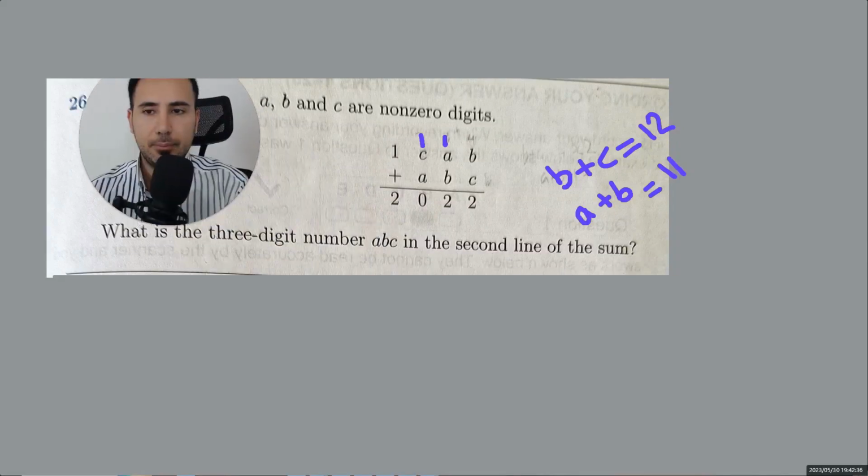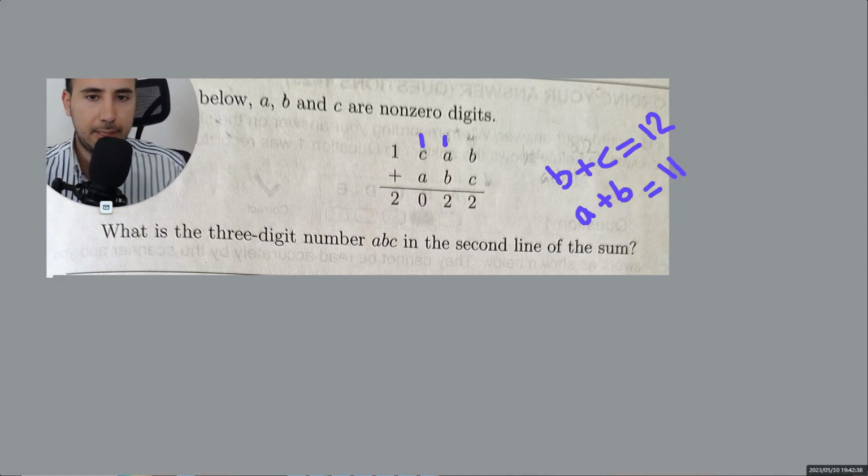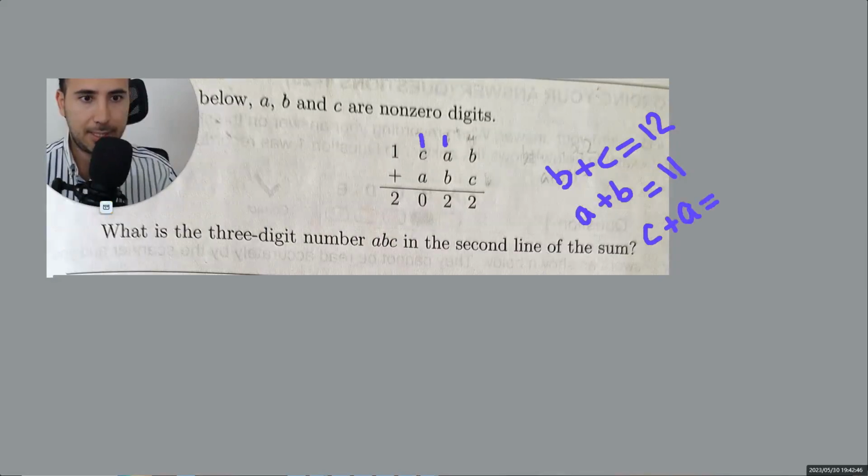Now, if this is 12 again, another 1 goes here. So C plus A plus 1 equals 10. That's again most likely. So C plus A is 9.